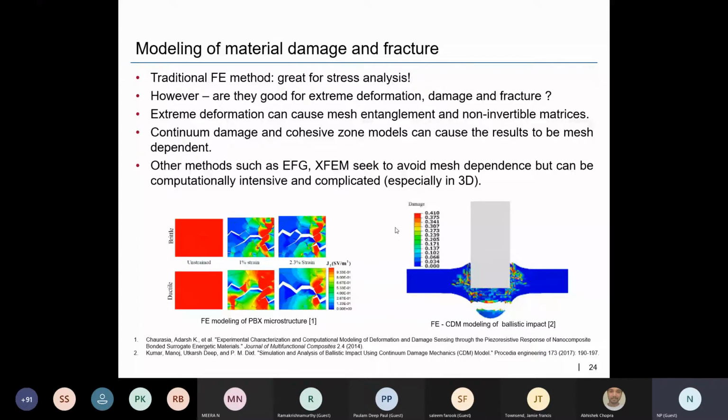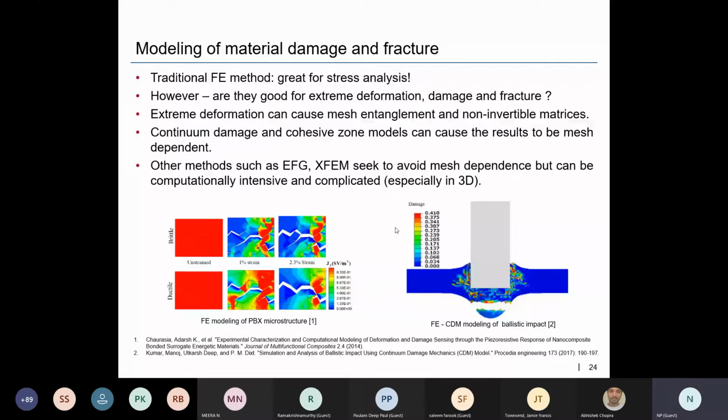Some other methods like the element-free Galerkin and extended finite elements were designed especially to avoid mesh dependence, but they can be extremely computationally intensive and complicated, especially when you're trying to model these phenomena in 3 dimensions.